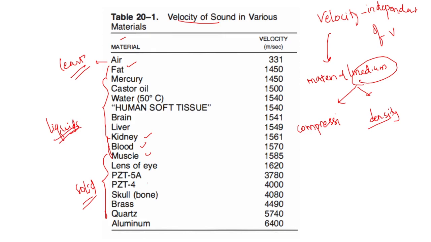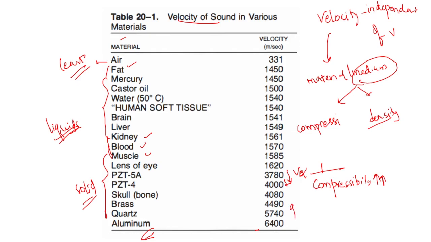Then let us learn some important points about the compressibility. So if you see, velocity of sound is inversely proportional to the compressibility of the conducting material. The more compressible the material is, the lesser will be the velocity. The less compressible the material is, the more rapidly it transmits.